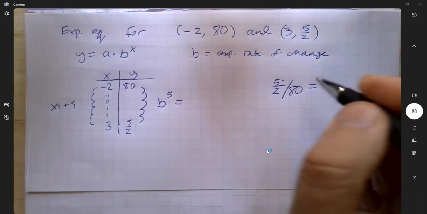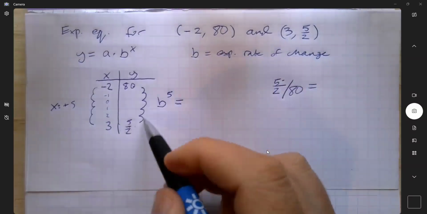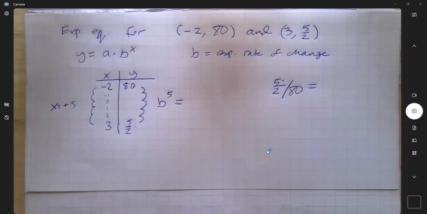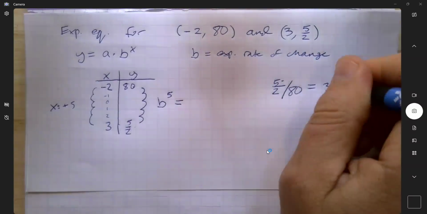So my multiplication factor must be 5/2 divided by 80, because I have to multiply to get there. So I'll double check. 80 over 5/2 is 32. It's always a good idea to double check.